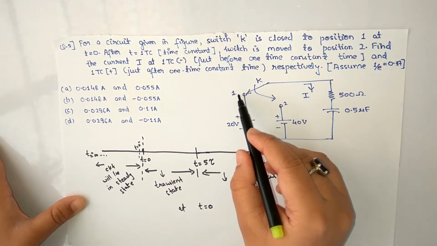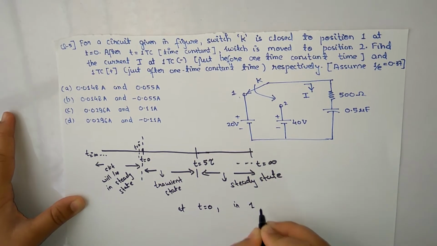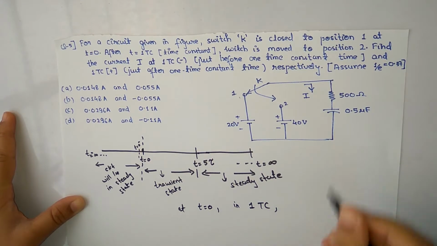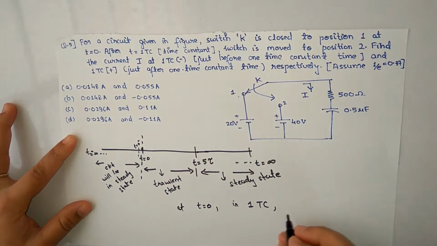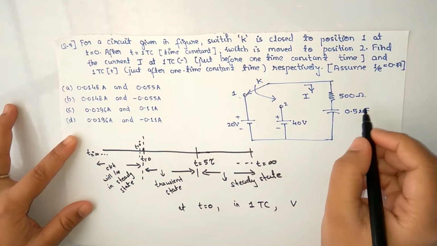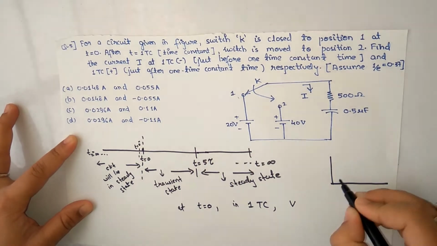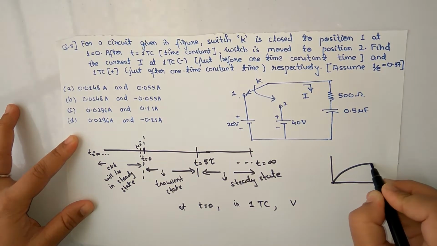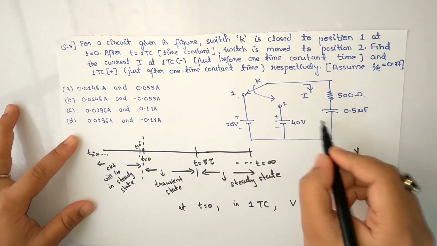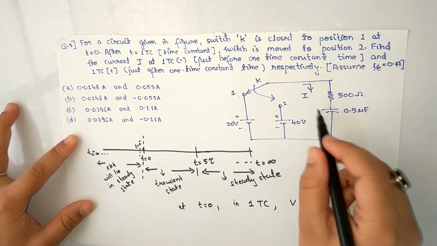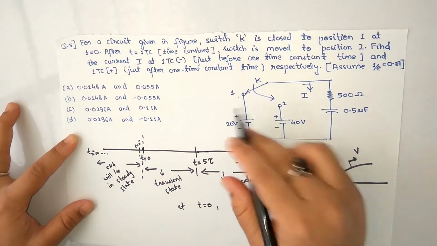So when at t equal to 0 the switch is closed, in one time constant, how much charge will get accumulated in the capacitor, that means how much will this capacitor charge. From the charging curve we know that in one time constant, this is the charging curve, the maximum value it can charge up to, that means in steady state, will be 20 volt.